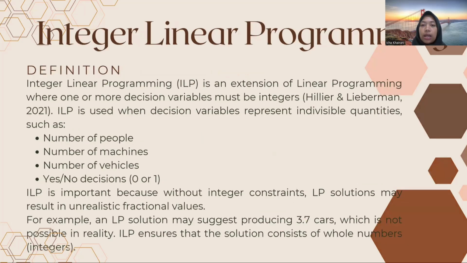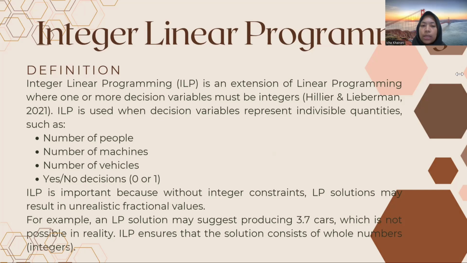Next is integer linear programming. Integer linear programming, or ILP, is an extension of linear programming where one or more decision variables must be integers. ILP is used when decision variables represent indivisible quantities such as number of people, number of machines, number of vehicles, and yes or no decisions, or 0 or 1.